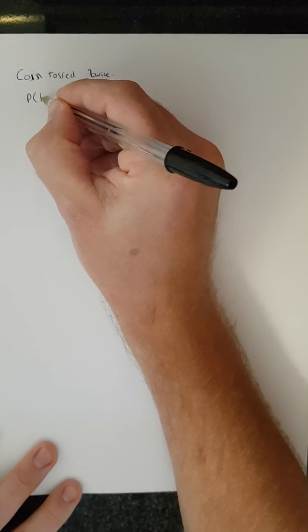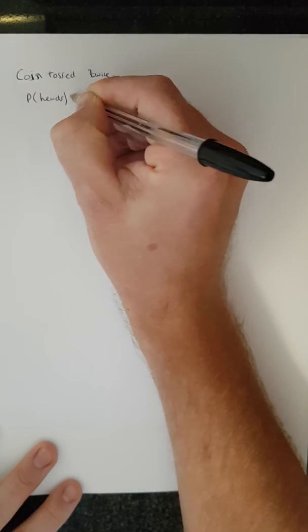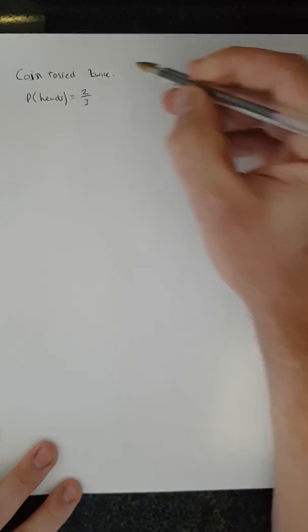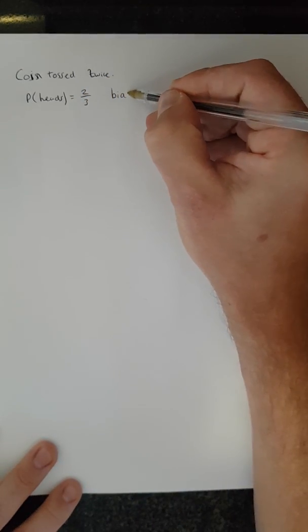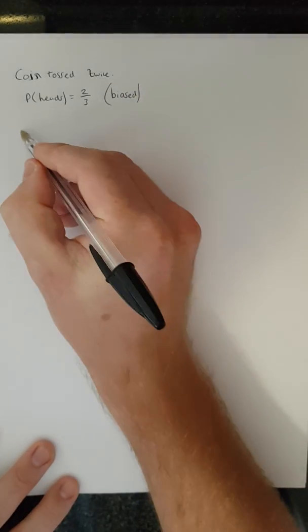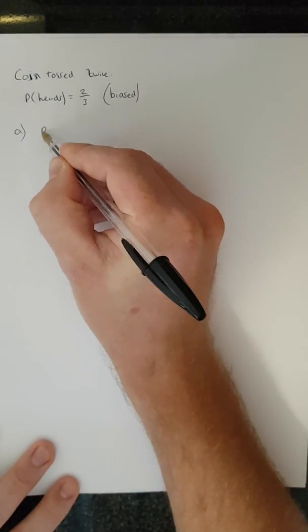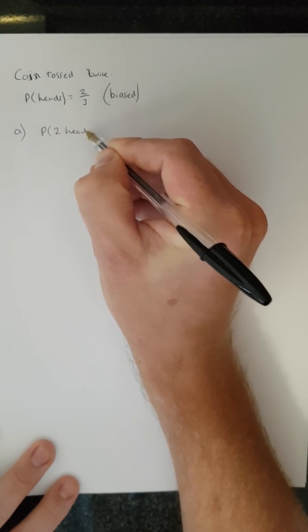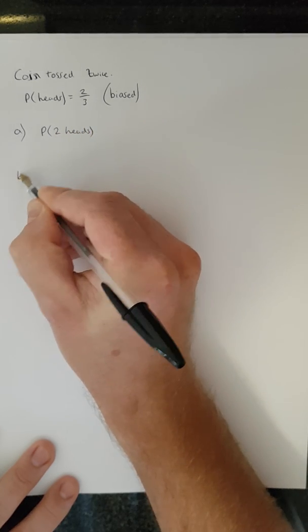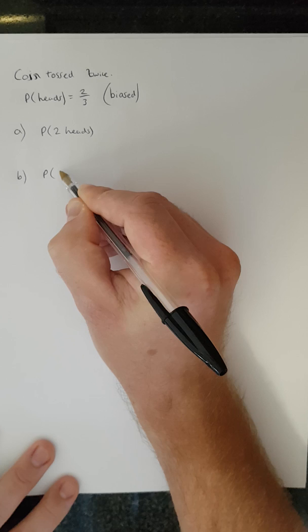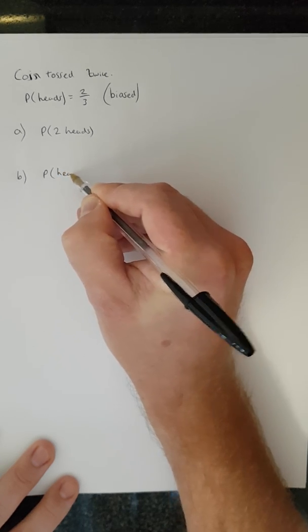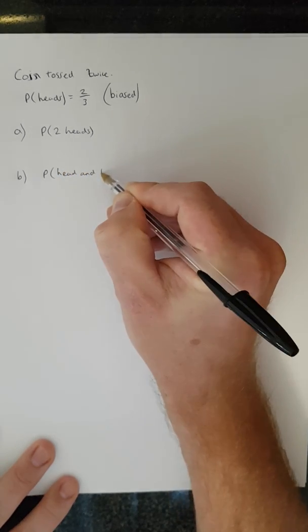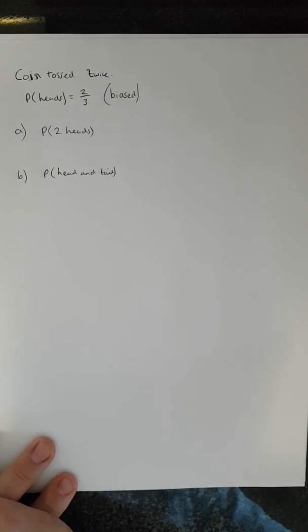The probability of a heads on this coin is 2/3, making the coin biased. So I want to know the probability of getting 2 heads, and then the probability of a head and a tail from 2 throws.